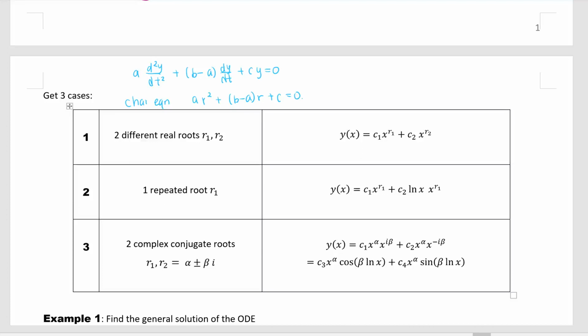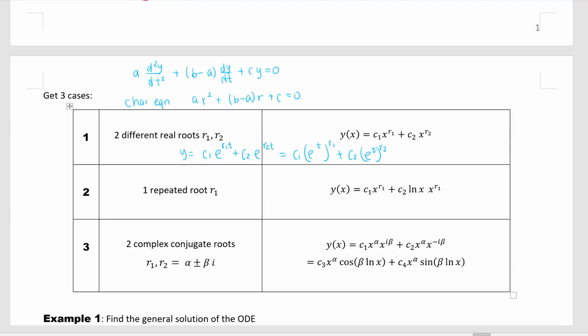If we have 2 real roots, what are the solutions? It's going to look like y equals c1 e to the r1 t plus c2 e to the r2 t. You can group the t and e together, and that's e to the t to the r1 plus c2 e to the t to the r2.